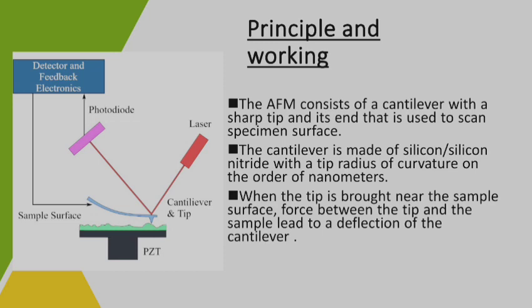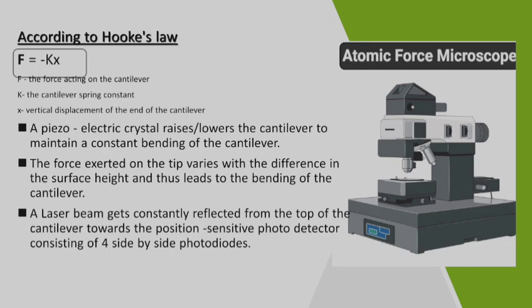The piezoelectric crystal, PZT, which is represented in the black color structure, actually controls the movement of the sample table up and down. The AFM image can be taken in two modes, mainly the height mode and the phase mode. The height mode gives the surface topography of the sample, and also the depth of the sample or the height of the film, that is the thickness of the film.